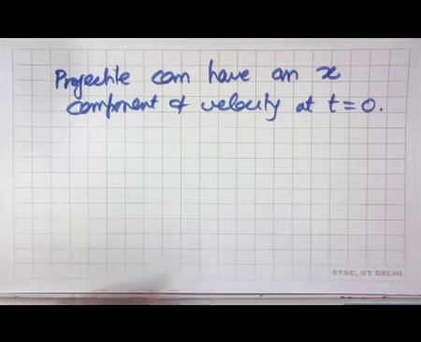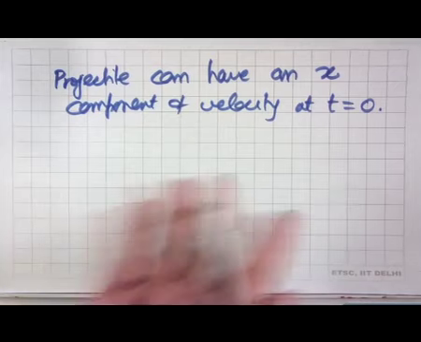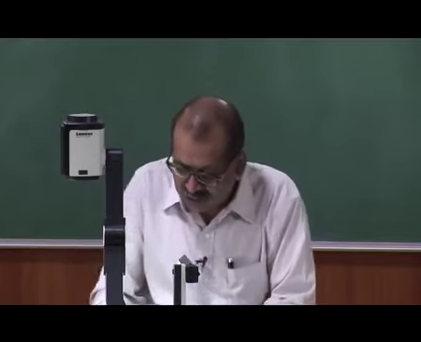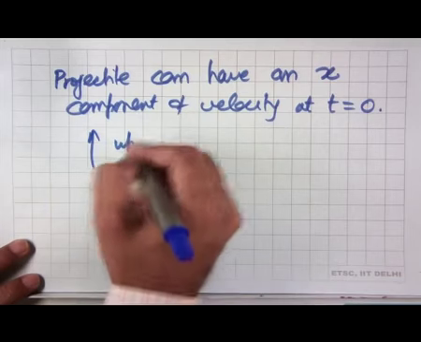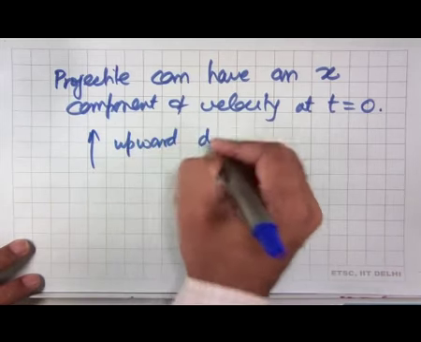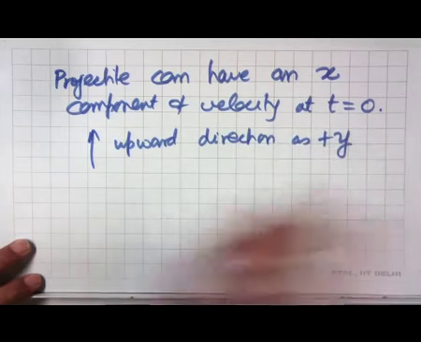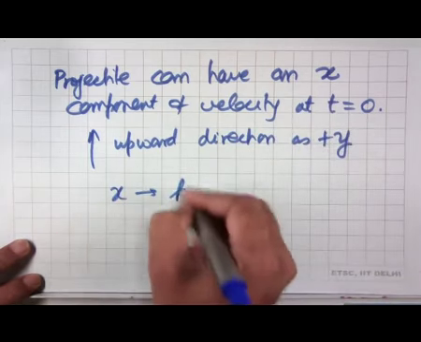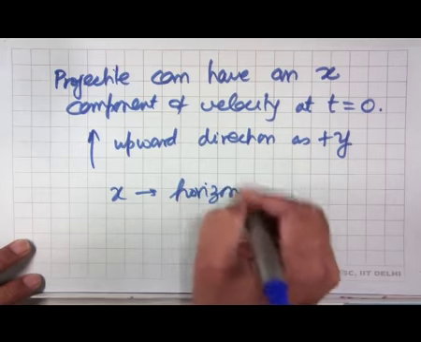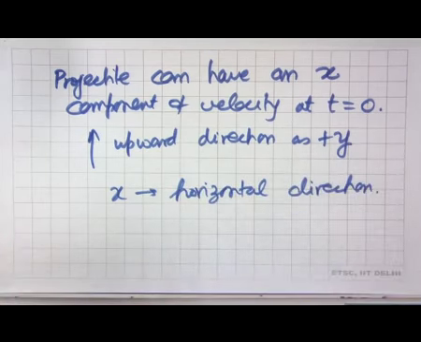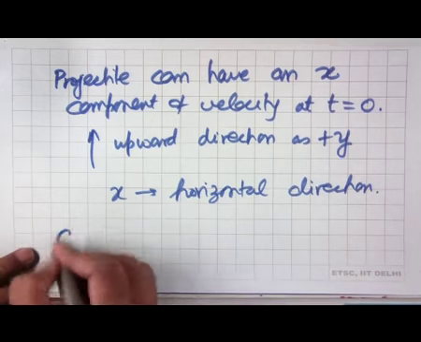And then we will see, because it has some component of velocity at t equal to 0, and because we define the upward direction as plus y, and x is the horizontal direction, first let us write the acceleration vector.